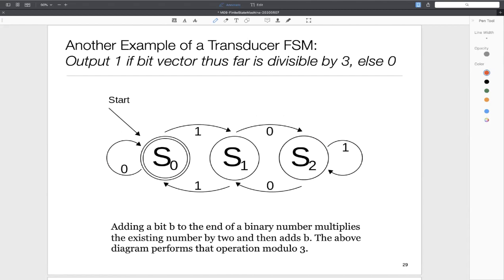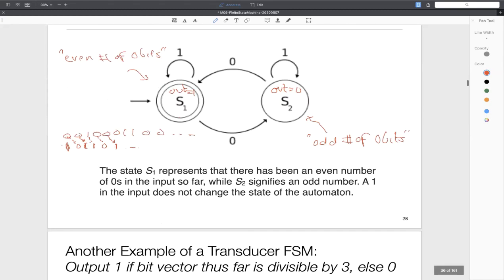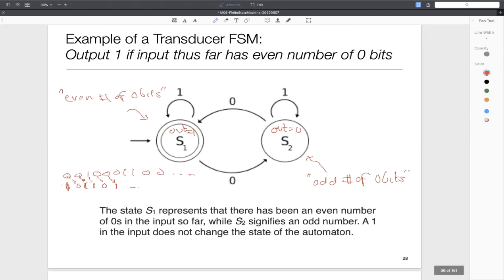Professor, can you explain why this is a Moore machine? Maybe I missed it, but we're still relying on the next input bit, aren't we? Well, at any given point in time, my output is only a function of the state. Since state S1, whatever is the bit representation of the state, unambiguously, if I'm in state S1, output is always 1, independent of the input.